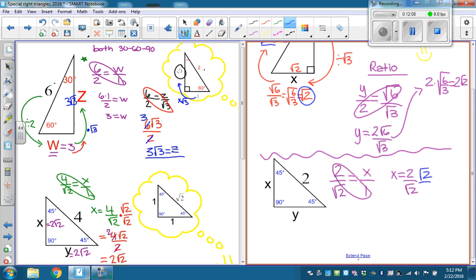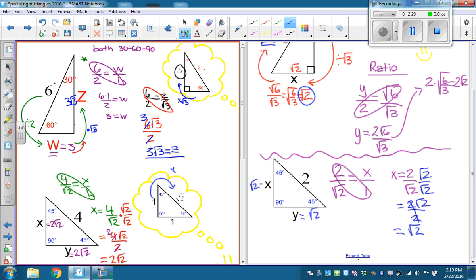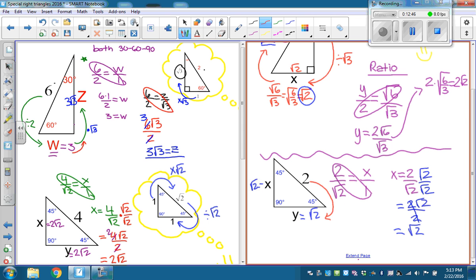Multiply by root 2 over root 2, and that's 2 root 2 over 2, which is just the square root of 2 for x and y. So the shortcut for this triangle is to get from the leg to the hypotenuse, you times by the square root of 2. And to get from the hypotenuse to the leg, you divide by the square root of 2. So, in other words, to get from here to here, you just divide by the square root of 2, which is 2 divided by the square root of 2.